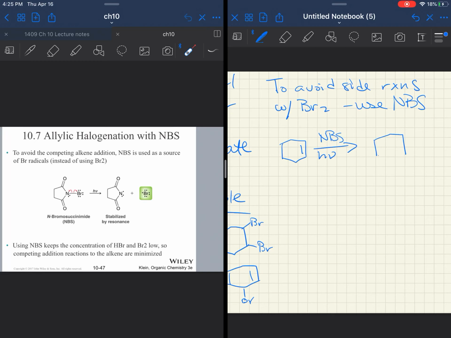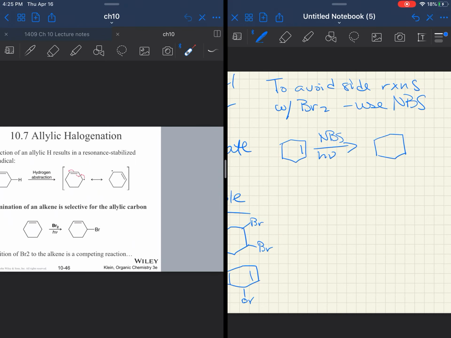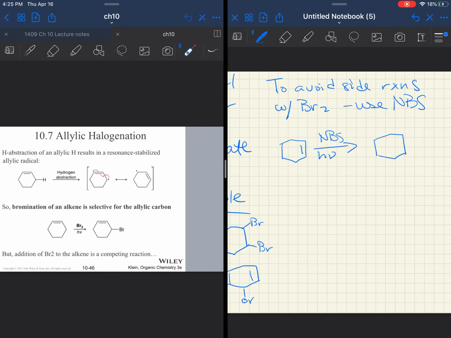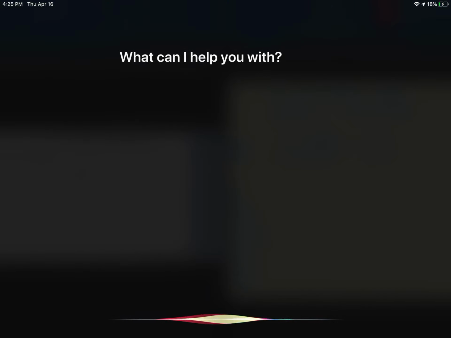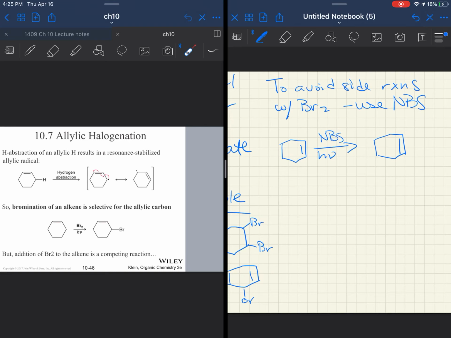Now, where is it going to go? That's where this is important. There are really two places that bromine could go. It is not going to add to an sp2 carbon, so it will not add here. It's going to be on an sp3 carbon. So we have two choices.